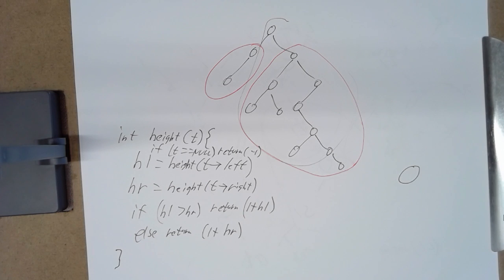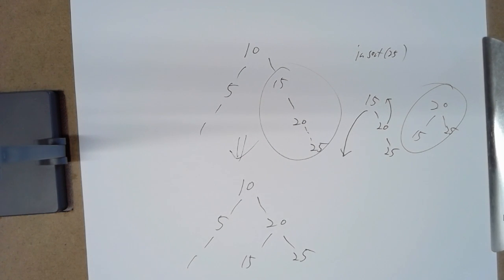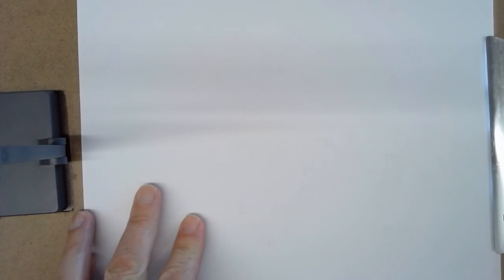So we have to write the actual code for deleting the root. But assuming we've done that, what can we say?